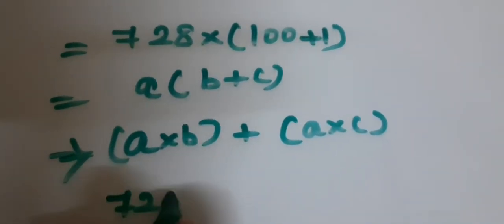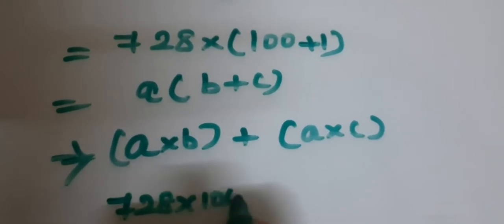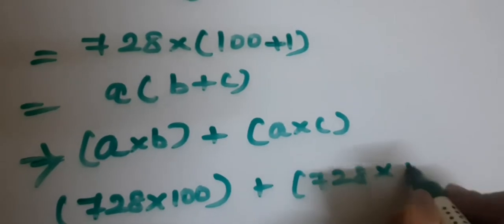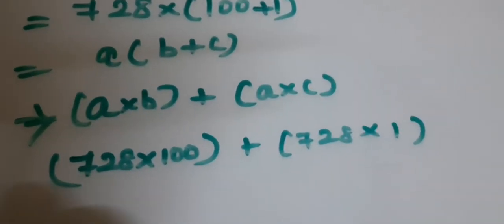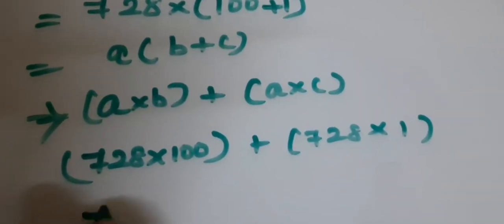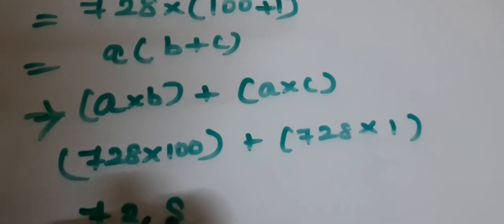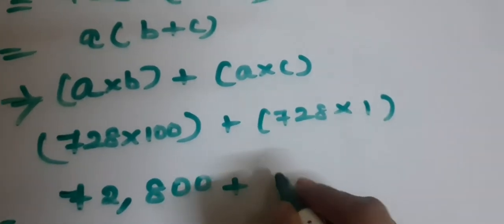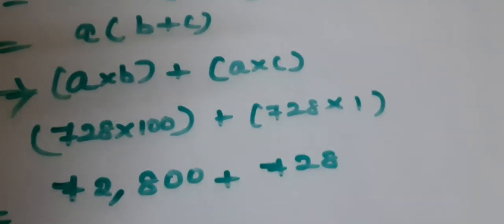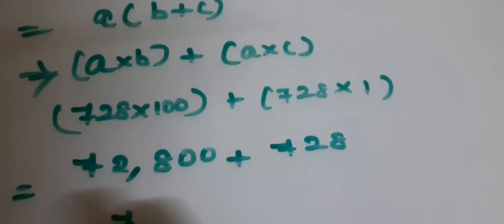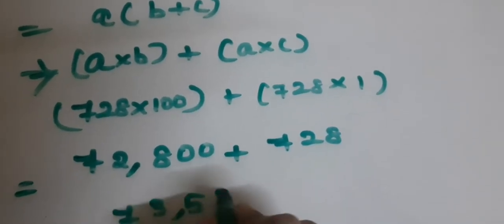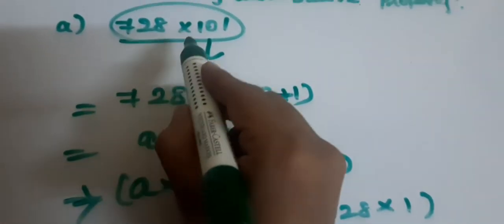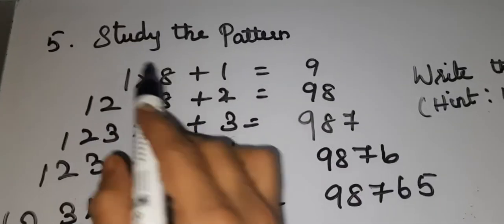So 728 into 100 plus 728 into 1, which will give you the product as 72,800 plus 728 into 1 times, which gives 728. So the total is 73,528. This is the product of 728 into 101.